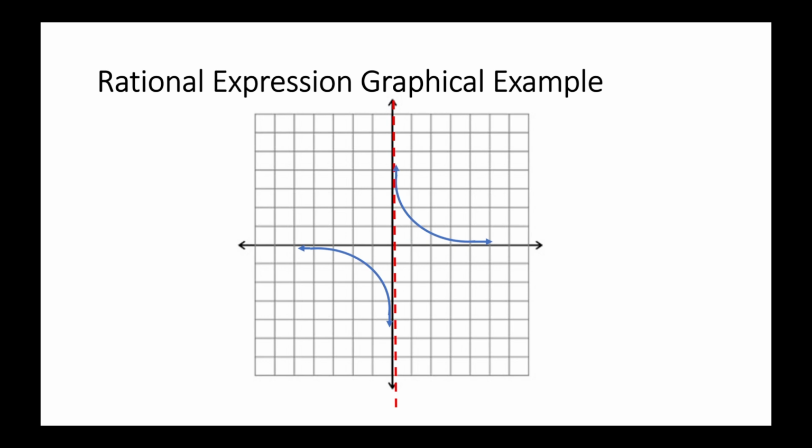One being right here. Take a look at this red dotted line. Note how the arrows on both ends are not touching this line at all. Now we know this to be the y-axis, right? But this is also known as an asymptote, a vertical asymptote to be exact.